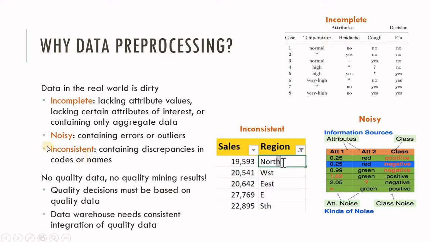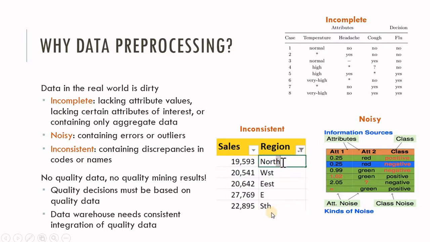And the last one is inconsistent data. Inconsistent data means it contains discrepancies in codes or names. It's shown in the figure. We can see that here the region is north, next the region is WST, region is east. Now the same east region is shown as E. The south region is written as STH. So that is not a consistent data format.